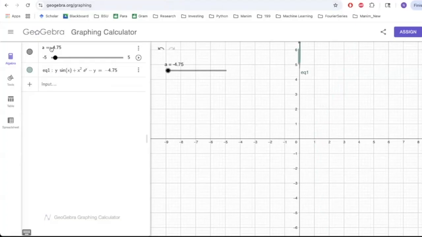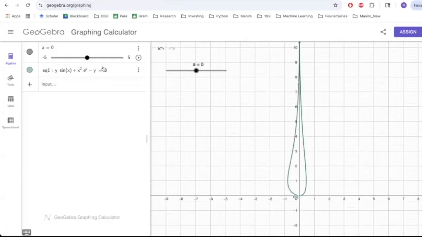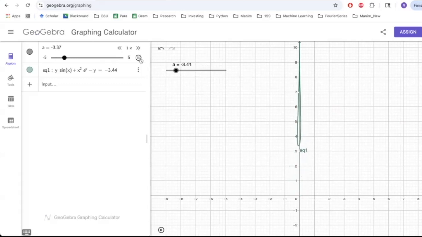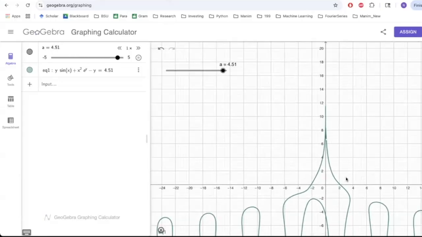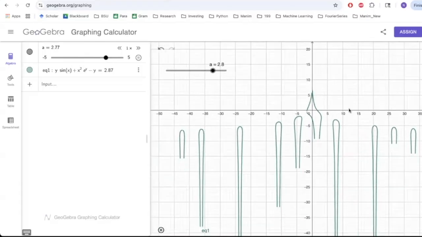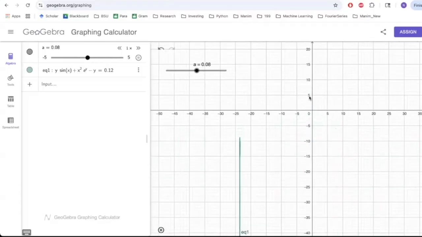In this case, the constant is equal to 0. So that's the particular solution that we're looking for. Of course, you can animate this to see how the shape of the functions looks for different initial conditions. Let me zoom out a little bit. Oh, this is interesting. Okay, so those are the solution curves.